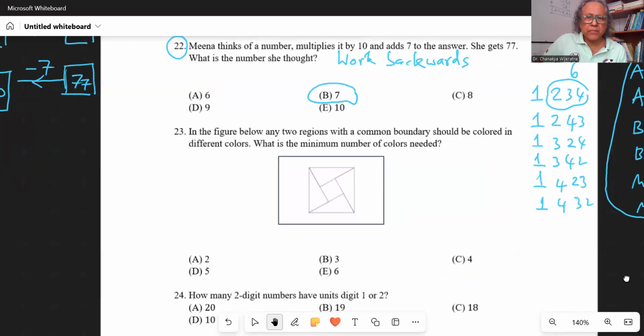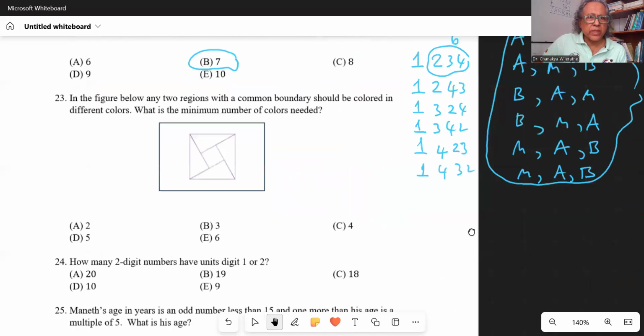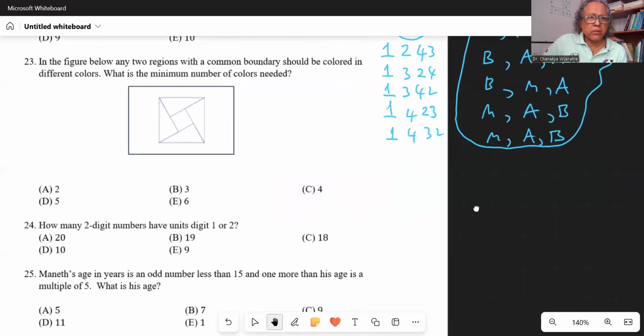So number 23. In the figure below, any two regions with a common boundary should be colored in different colors. What is the minimum number of colors needed? So first of all, we need to understand what this question asks. We are given a figure and we can see some straight line segments, and then there are regions bounded.